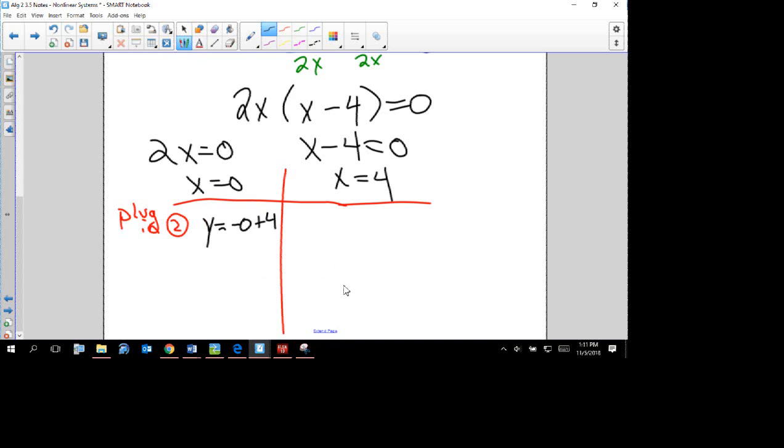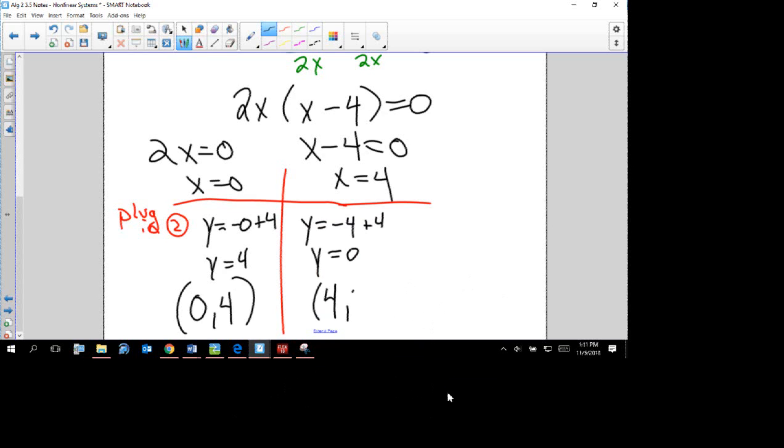So if I have negative 0 plus 4, I get y equals 4. Ordered pair is 0, 4. There's one of my solutions, hopefully with a check. Then I'm going to plug in x equals 4. y equals negative 4 plus 4. So y is 0. And I get the answer of 4, 0. Hopefully that is my other solution.